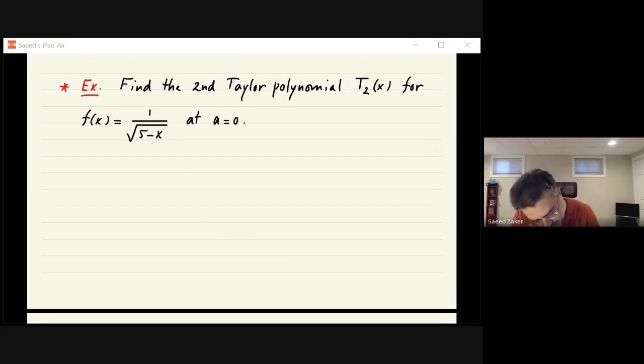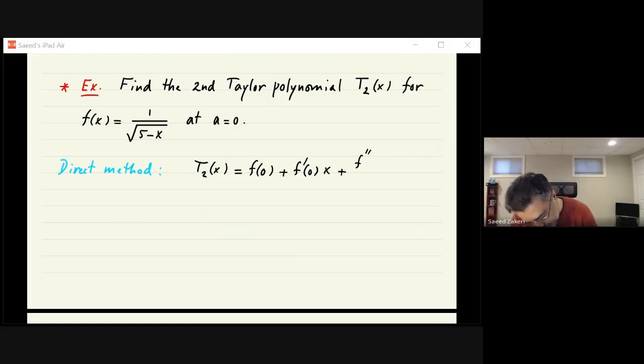So direct method. For the direct method, I know that T2 is f of 0 plus f prime of 0 times x plus f double prime of 0 over 2 times x squared. 2 factorial is 2, so I don't write it as 2 factorial.